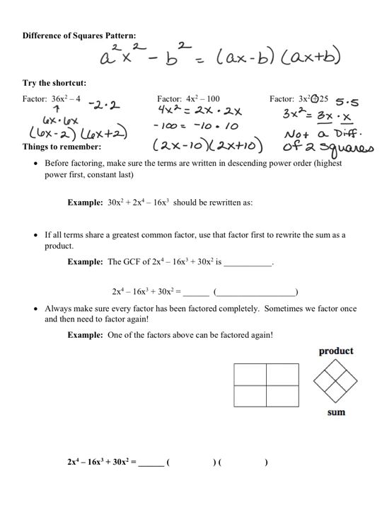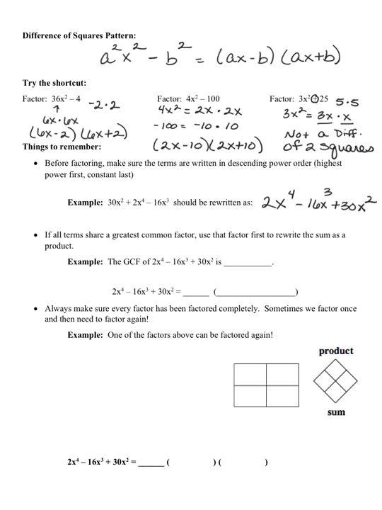For example, the expression 30x squared plus 2x to the fourth minus 16x cubed should be rewritten in standard form as 2x to the fourth minus 16x cubed plus 30x squared.